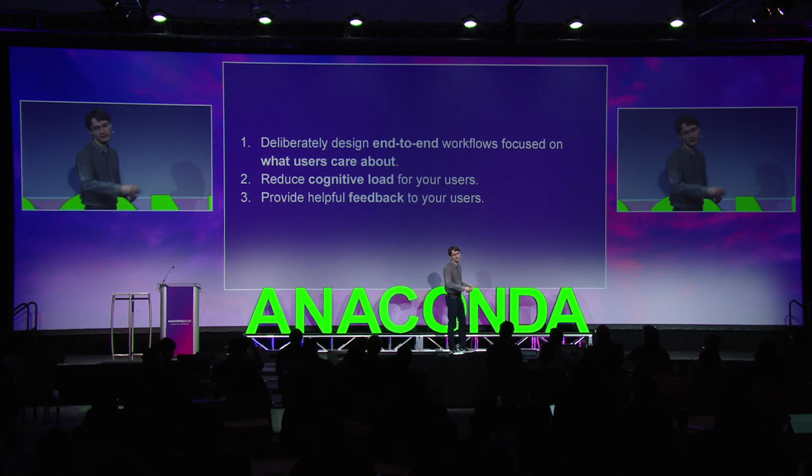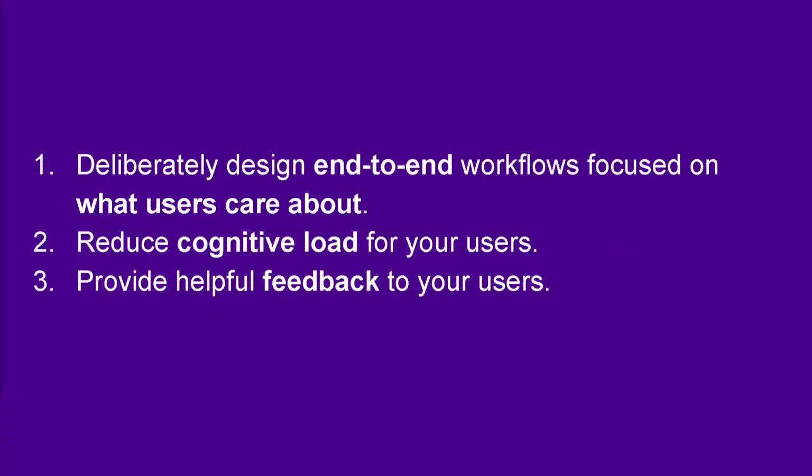So my 3 rules are this. First, deliberately design end-to-end workflows focused on what users care about. And then in the end-to-end workflows that you've developed, make sure to minimize cognitive load. And finally, it's about providing helpful feedback for users.